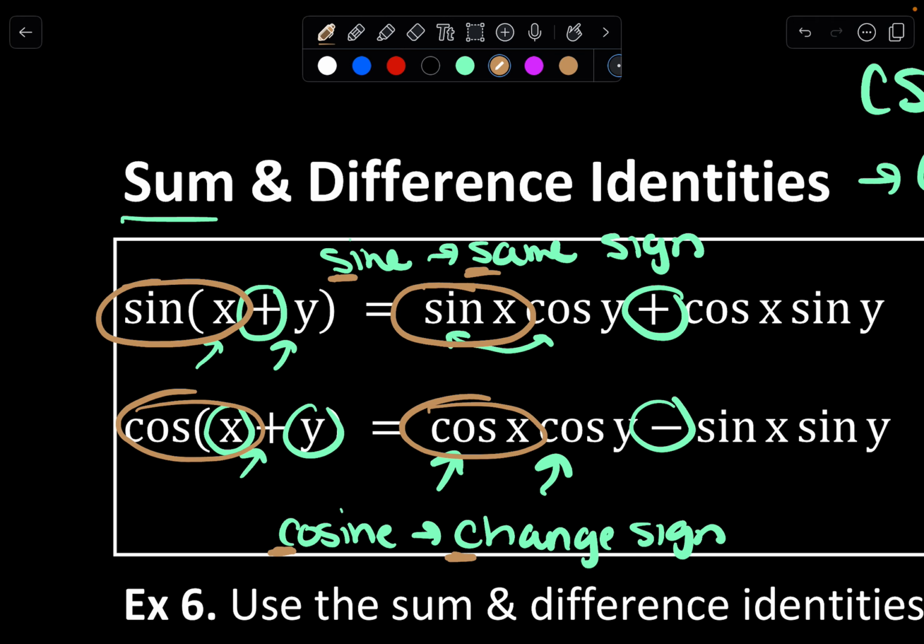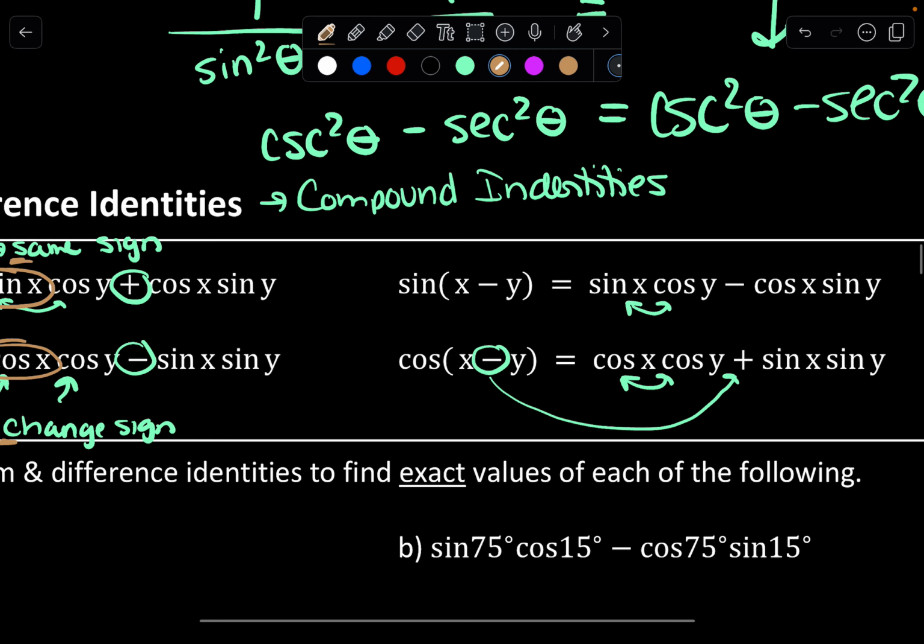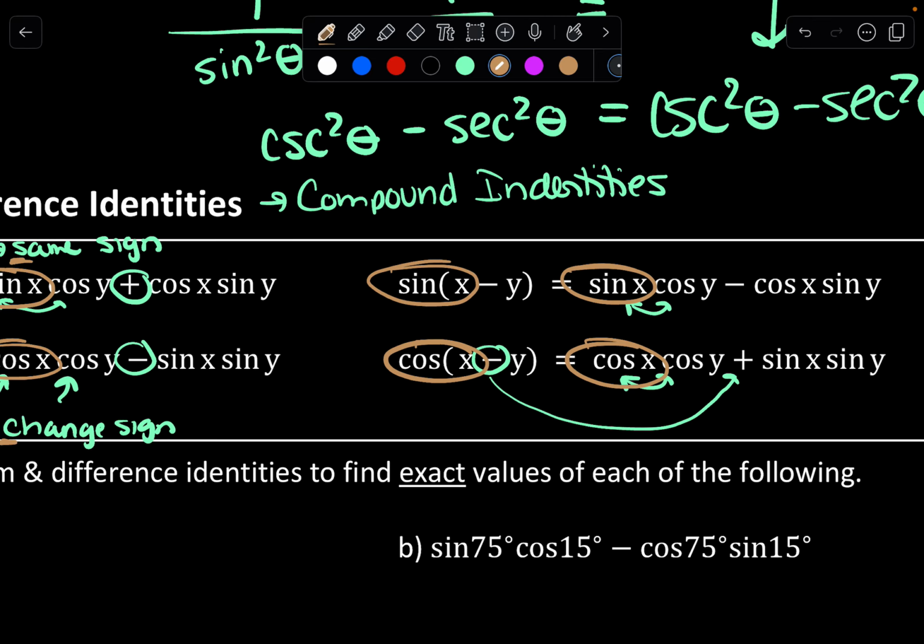Or if I'm looking at the sum identity for cosine, then it's going to be cosine x and it's paired with itself. So every single identity tells you what will be the first term, whether it's going from the condensed to the expanded or the expanded to the condensed, okay?